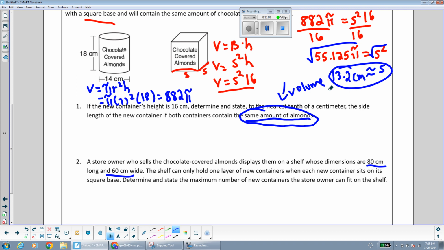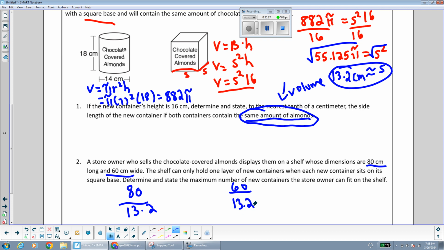So I'm going to take the length and divide by the length of the almond box. And I'm going to take the width and divide by the width of the almond box, which is the same because they're both the same base, they're both 13.2 like we found in part A.